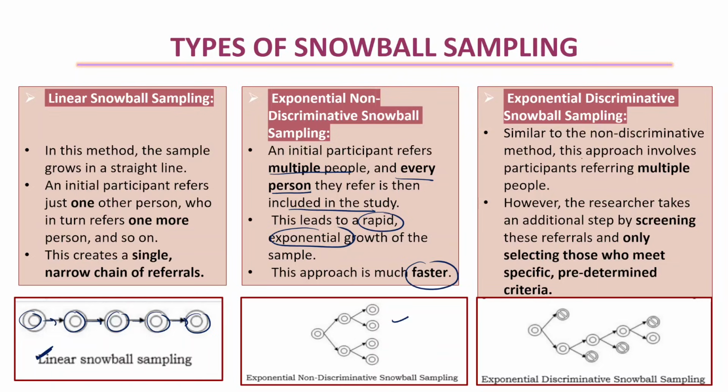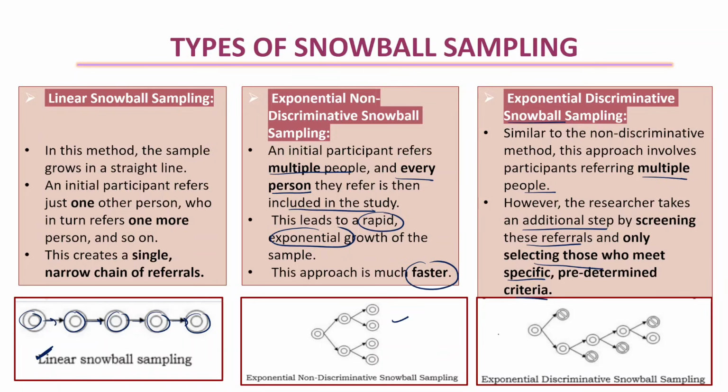Coming to exponential discriminative snowball sampling, it is similar to the non-discriminative method, but this approach involves participants referring multiple people. However, the researcher takes an additional step by screening these referrals and only selecting those who meet specific predefined criteria.